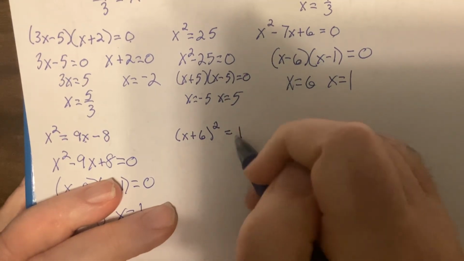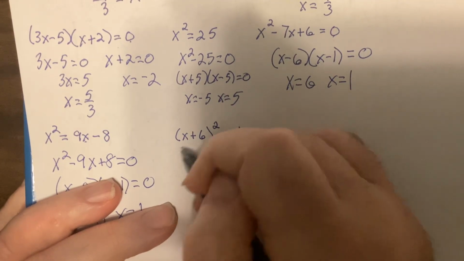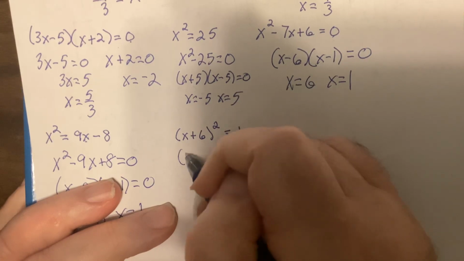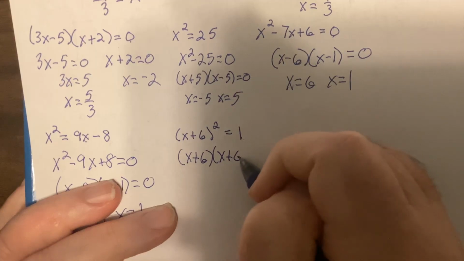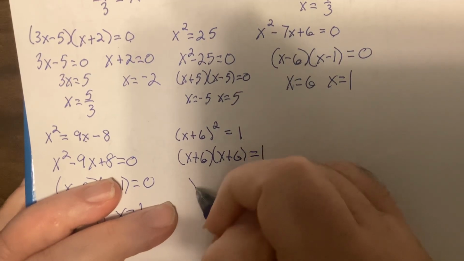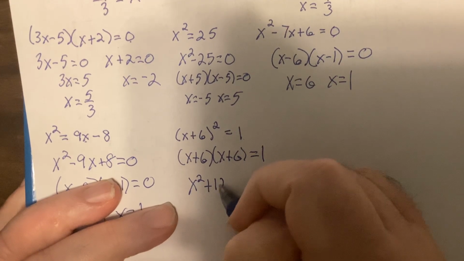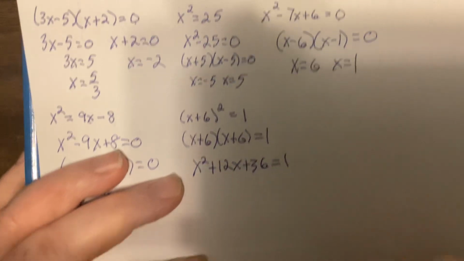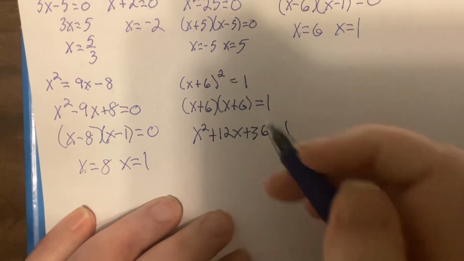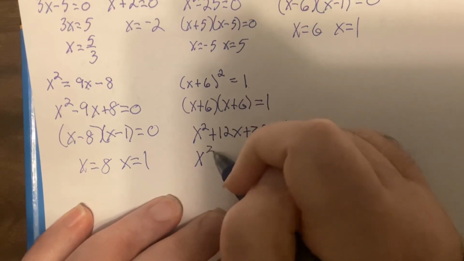This one, is it equal to 0? No. So I'm going to FOIL this out. X plus 6, x plus 6. This would be x squared plus 12x plus 36. Now I'm going to subtract 1 to get it equal to 0.